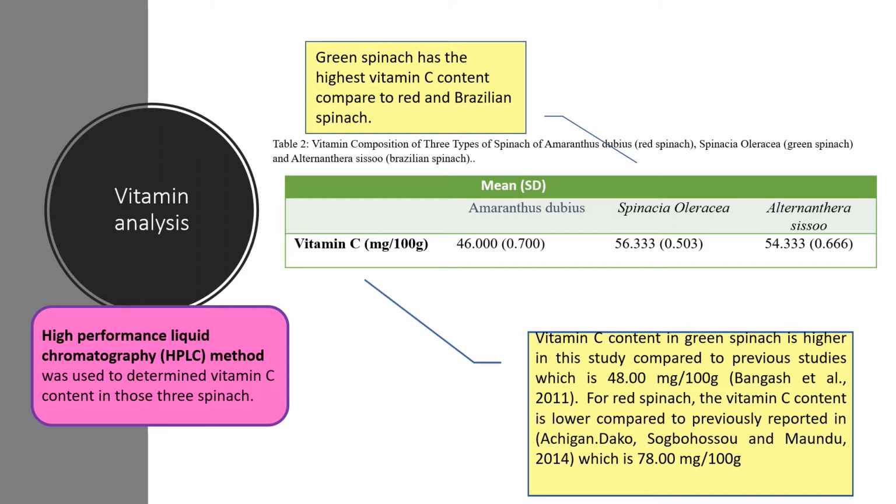Vitamin C content in green spinach is higher in this study compared to previous studies, which is 48 mg per 100 g recorded by Bangash et al. in 2011. For red spinach, the vitamin C content is lower compared to previously reported, which is 78 mg per 100 gram.